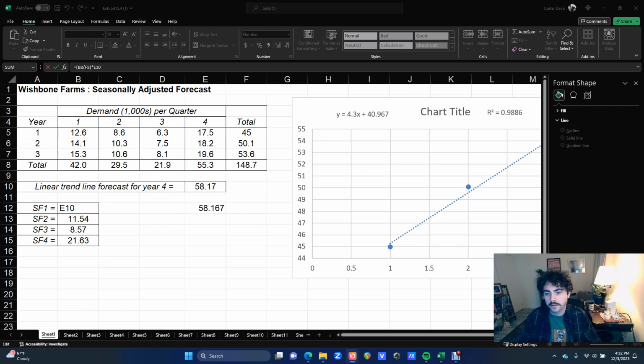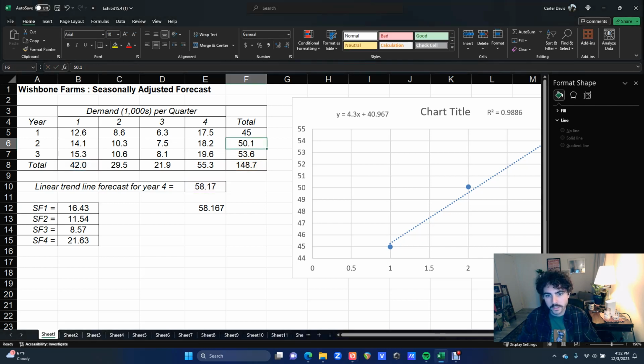It's 58 split up amongst 4 quarters, just the same way that this 50 is split up between 4 quarters. So they're taking the total demand in quarter 1 of all 3 years, dividing it by the total, and that gives us the percentage of the total that was demanded in quarter 1.